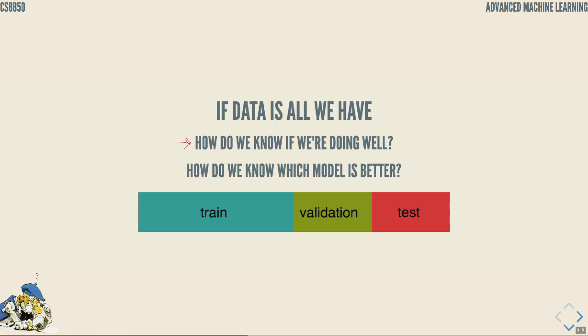And one way to know that is to split our data into a few parts. Usually it's 3 parts. Sometimes people start with just 2. If you only have one model that you're training, and this model is parametric, but you don't have any alternative models that you think will work well, then you split your data into train and test.